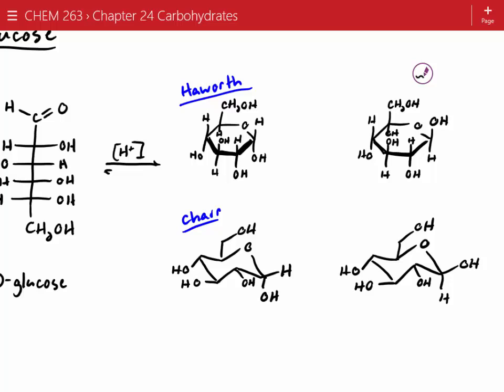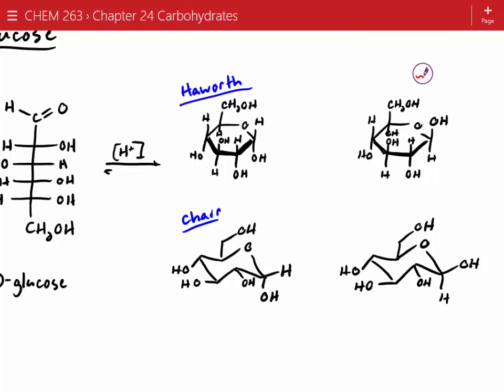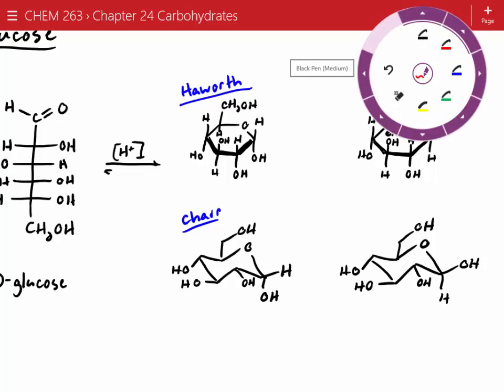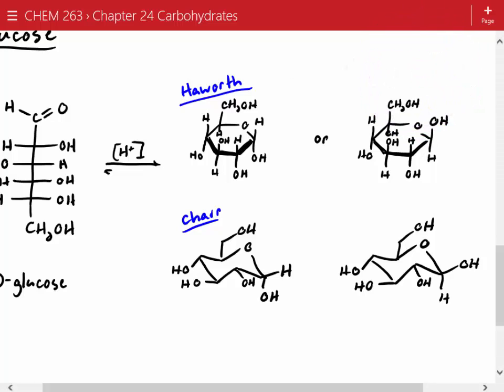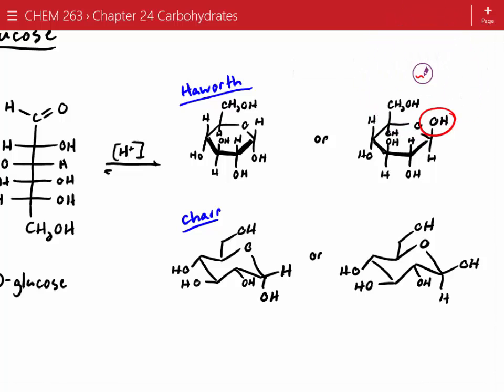Do that 10 times fast. All right, what's the difference between these? Yeah, just the OH group, right? So we could get either of these. And the only difference between these is that these groups are in different positions.